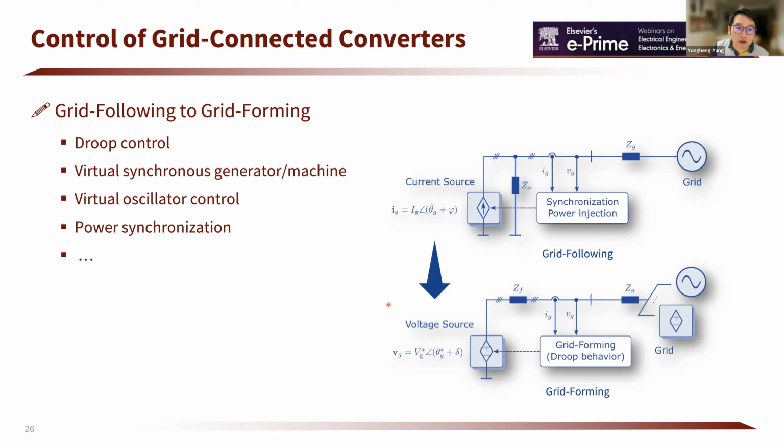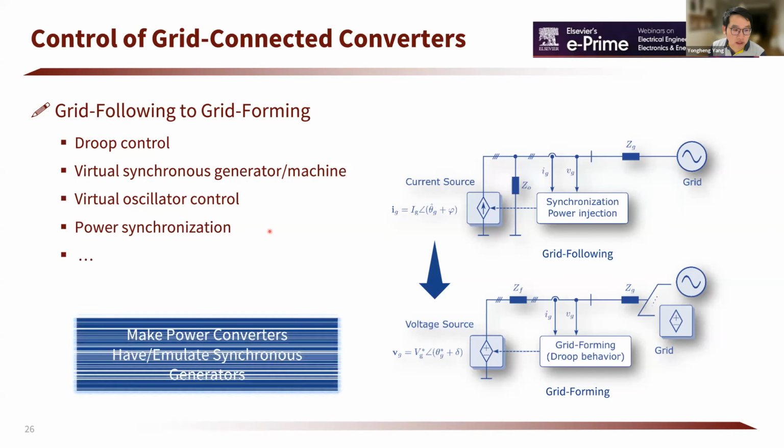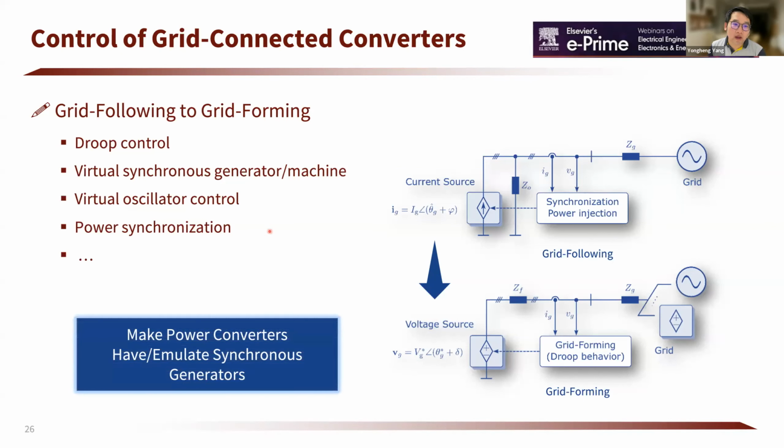There are a couple of grid forming controls, for example, droop control, virtual synchronous generator control, virtual oscillation control, or power synchronization control. But in conclusion, grid forming control is a way to make the power converters emulate synchronous generators. Then we can use the knowledge we gained in the past years to design and operate the entire system.